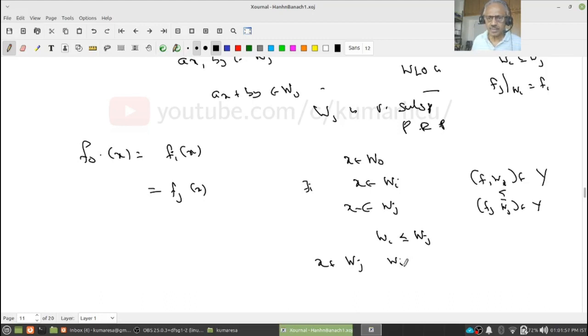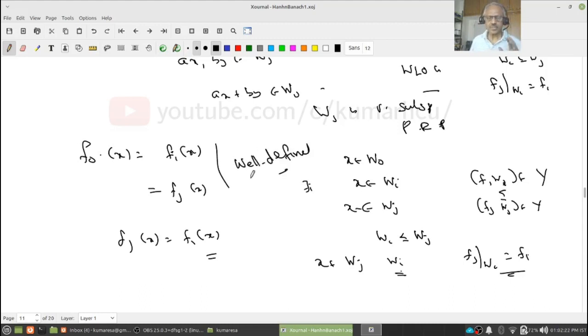Since x belongs to Wj and to Wi, Fj of x must be equal to Fi of x, because Fj restricted to Wi must be Fi. Recall our partial order. Therefore this is well defined.